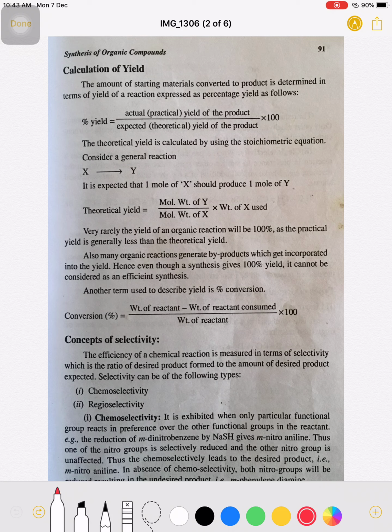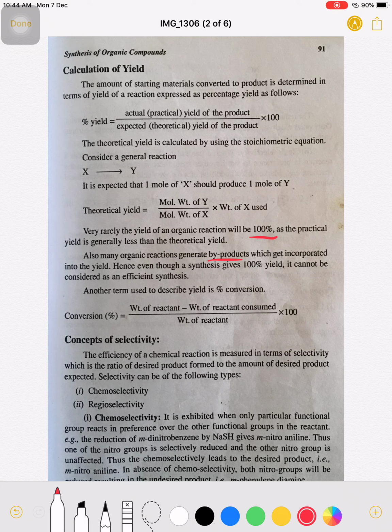Very rarely is the yield of an organic compound near 100%. Practically this yield is not possible, so we cannot achieve 100% yield in any organic reaction. Also, many organic reactions generate byproducts. The reason we are not getting 100% yield is that the reaction may yield byproducts.